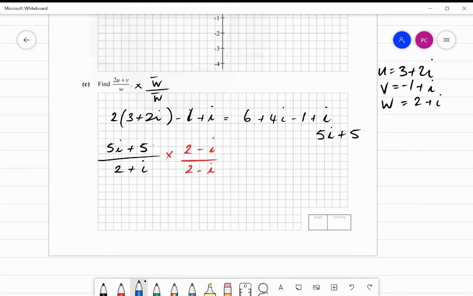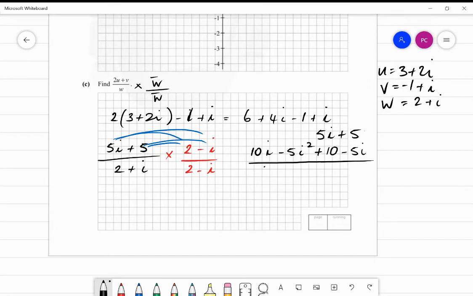Okay. There's 4 steps of multiplication on the top, and there's 4 steps on the bottom as well. The top is going to give me 10I minus 5I squared plus 10 minus 5I.